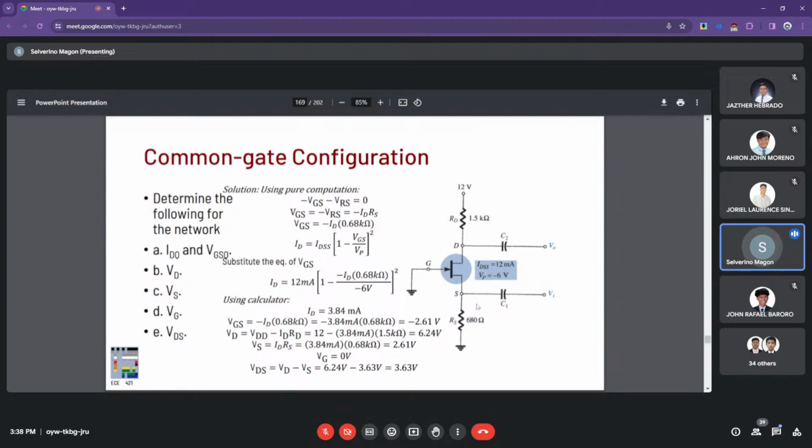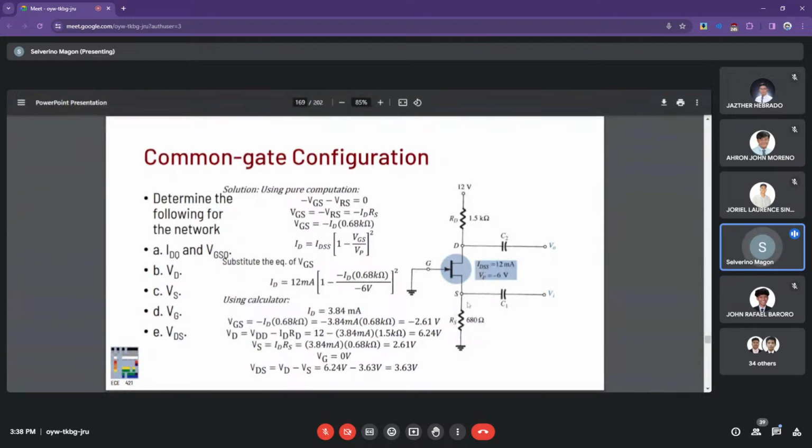Similarly for the output loop, VD is equal to VDD minus IDRD. Since we have ID already, we plug in all the values, and VD is at 6.24.